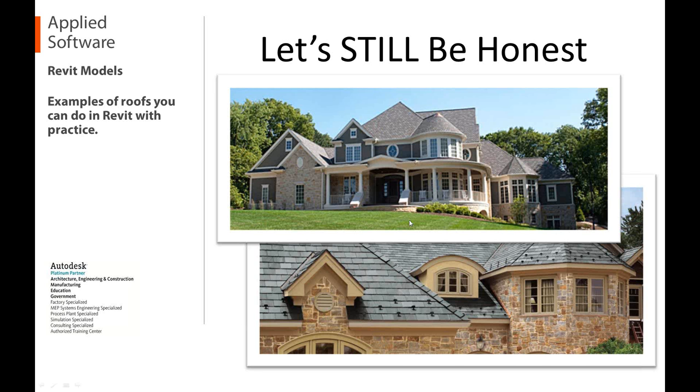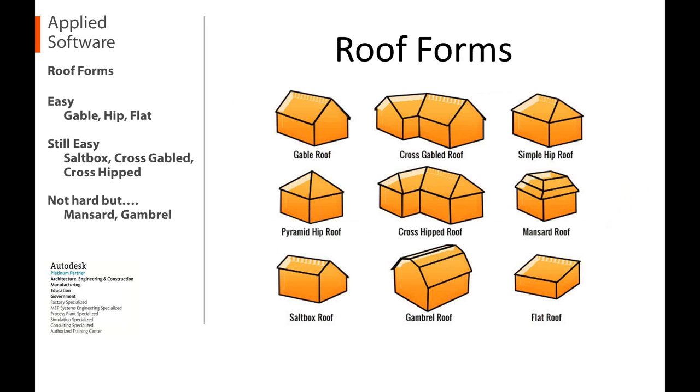So roof forms. Really, they're just some basic roof forms that are available out there. The easy ones that we can work with are our gable roof and our hip roof. Pyramid roof, very easy. Flat roofs, very easy to work with inside of Revit. Still easy are some of these other ones like our saltbox, our cross hip and our cross gabled roof.